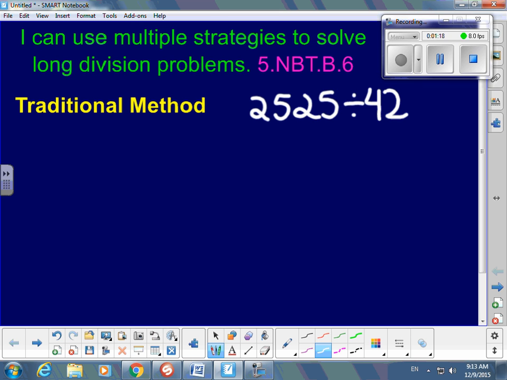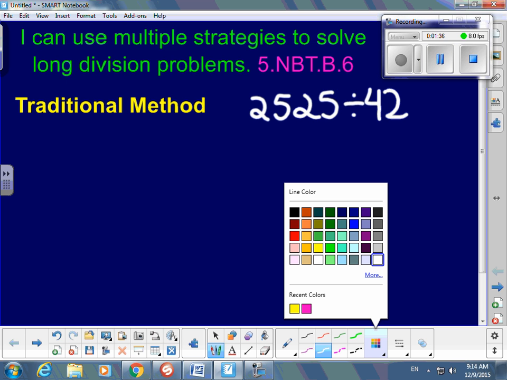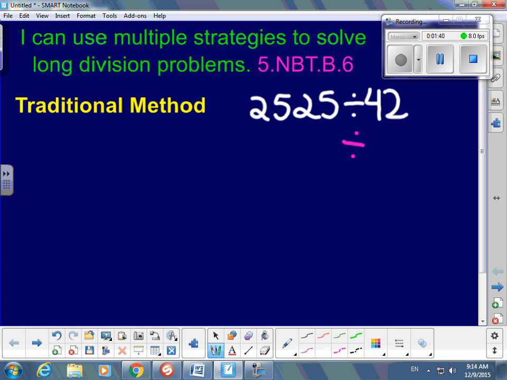Elise? Round the divisor. Okay, so Elise says round the divisor and use compatible numbers. Beautiful. So if we have 42, Elise, what do you think we should round the divisor to?